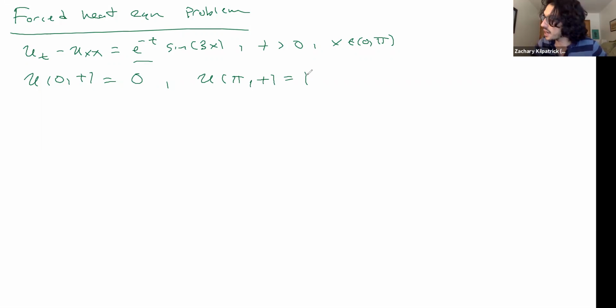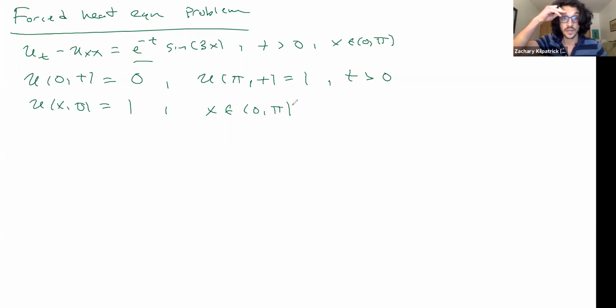So I have an inhomogeneous boundary condition. So we get to talk a bit about how that's going to work. And then I'll just say the bar starts out with a constant initial condition. So immediately you might say, yeah, well, there's a discontinuity between the initial condition and the boundary condition.